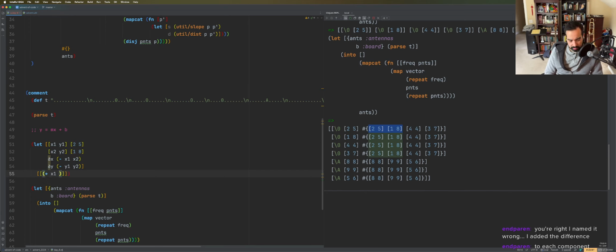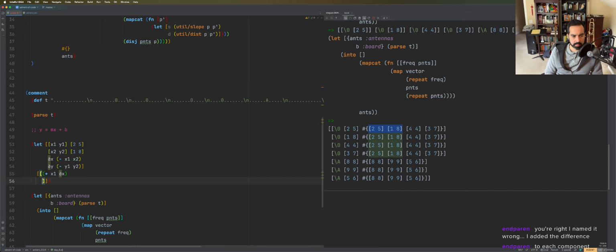x1 delta x. I feel like there's a way to do a proper delta sign. y1 delta y. And then the subtract x2.